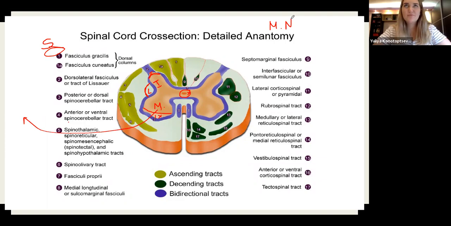Efferent is the entire, yes, you could say efferent, but it has another name. Alpha motor neuron. That's another name for it. What is another name?